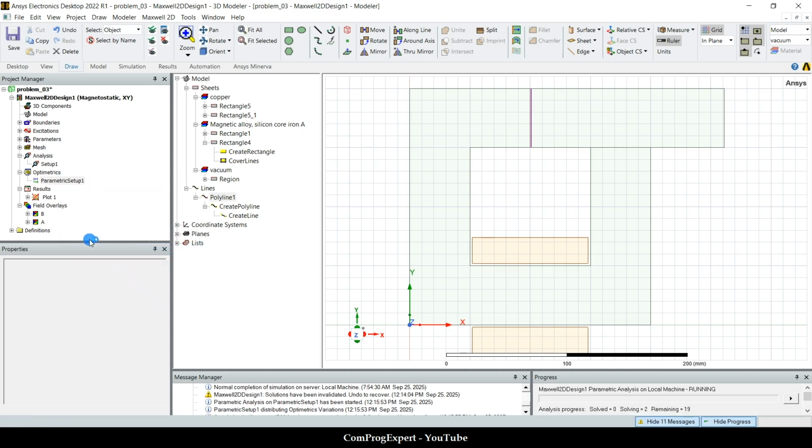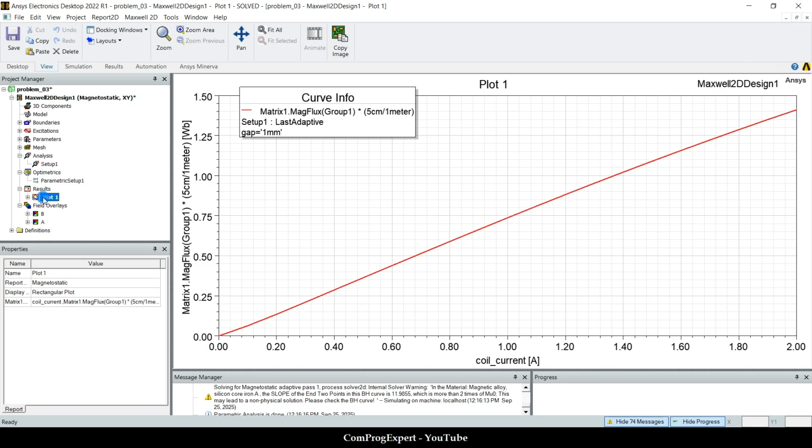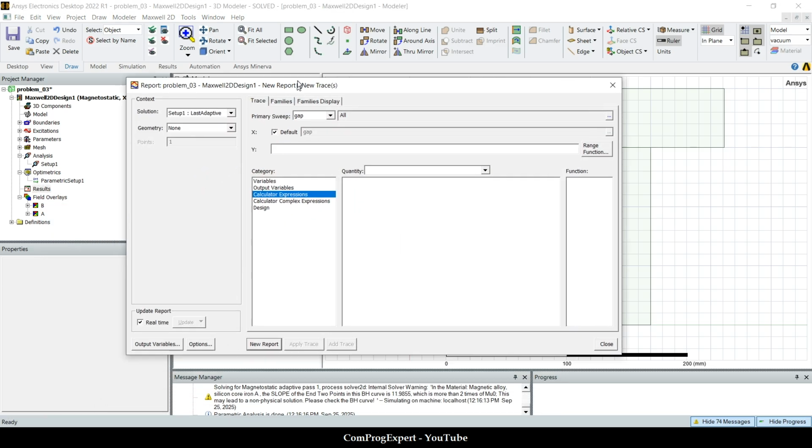So for each value of the current, we can calculate the average value of the flux density in the air gap to check for what point we have 0.5 Tesla in the air gap. We have a nonlinear core here, and we have this small air gap. So solutions completed. Let's create a field report. This time a rectangular plot.